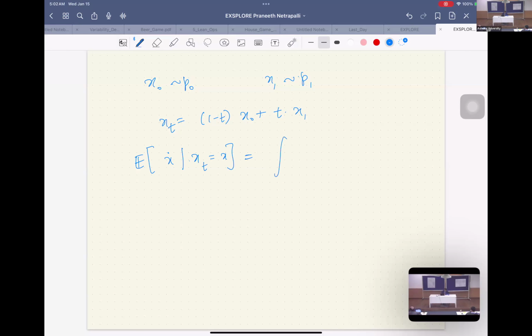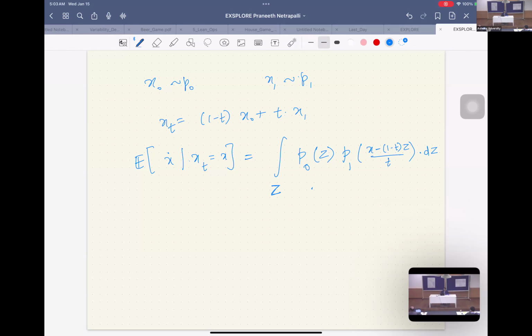This is equal to the integral over z of P0 of z, P1 of (x minus 1 minus t z) divided by t, times the factor from t z.